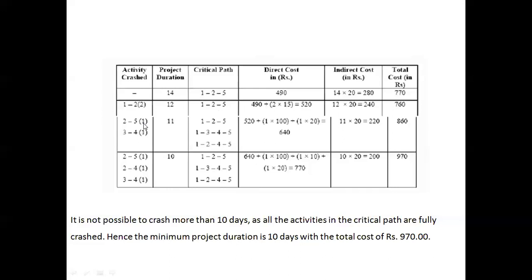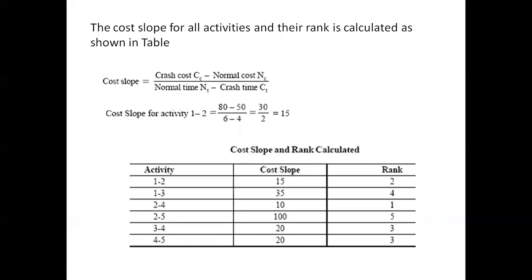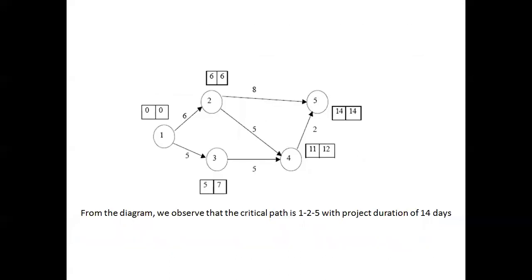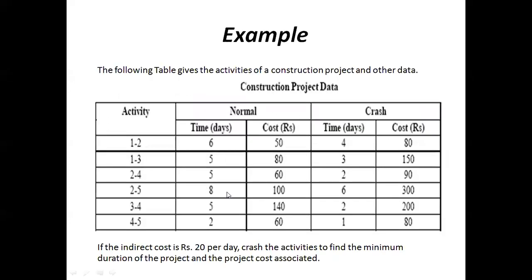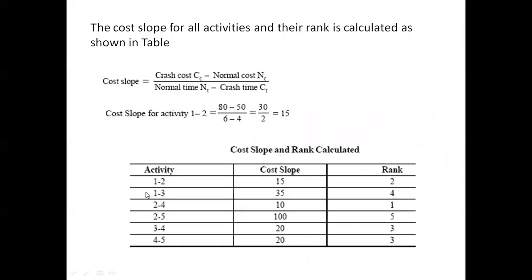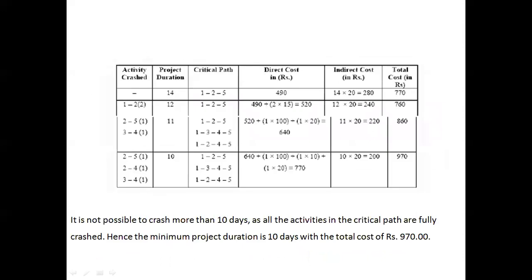Of course, activity 2 to 5 can be crashed by 2 days, because the normal time is 8 and the crash time is 6 days. But here we will crash it by 1 day, applying logical thinking.